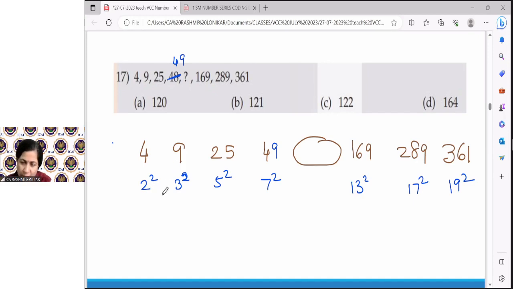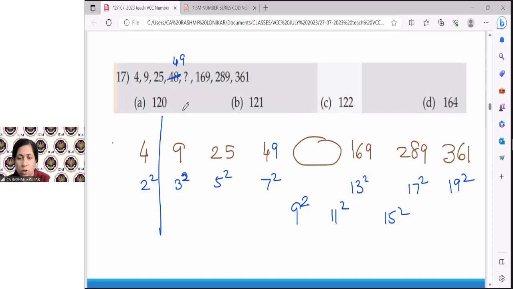Now, see what is happening. This is 2 square, but all the other numbers are odd. So just forget about this. Just let us think from here. 3, 5, 7. Ideally, I would have liked to have 9 square and 11 square, then 13 square, then here 15 square, and so on. But that is not the case. So what is happening here is this is a series of square numbers.